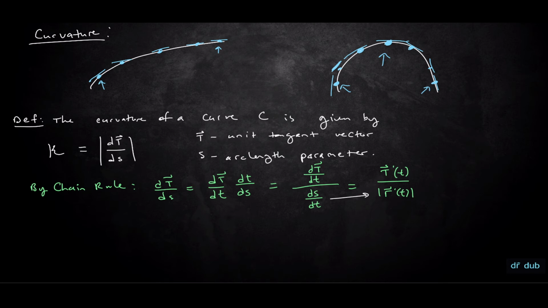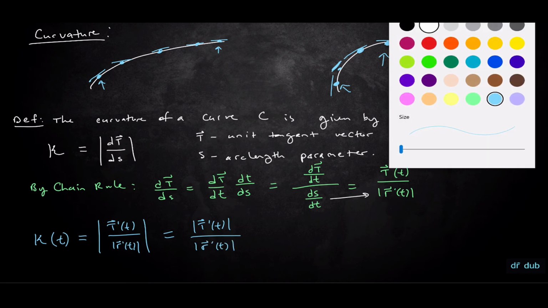So curvature, we can say kappa of t can be written as the magnitude of capital T prime of t over the magnitude of r prime of t. And since the bottom is already non-negative, we can just put the magnitude on the top. So it's the magnitude of T prime of t over the magnitude of r prime of t.